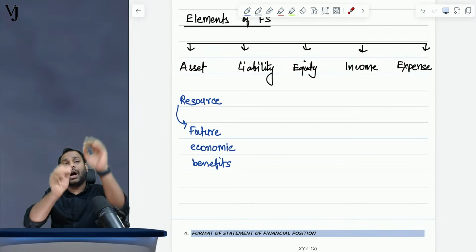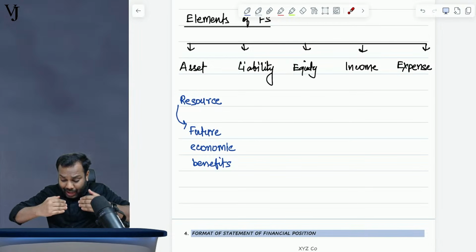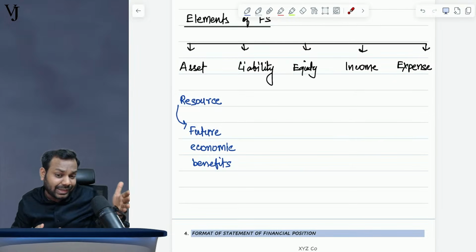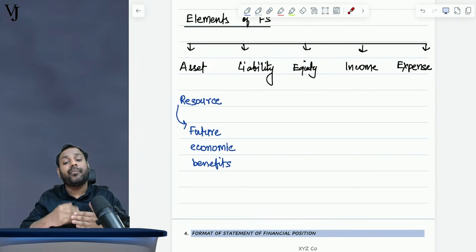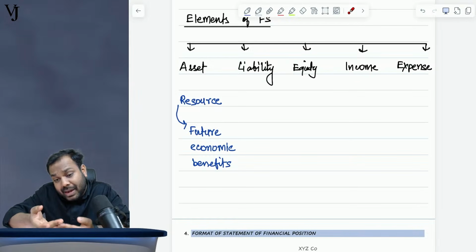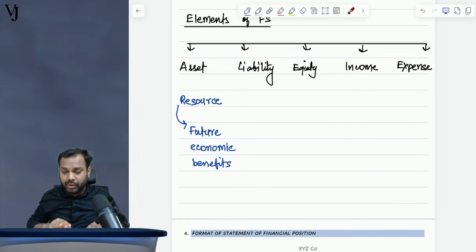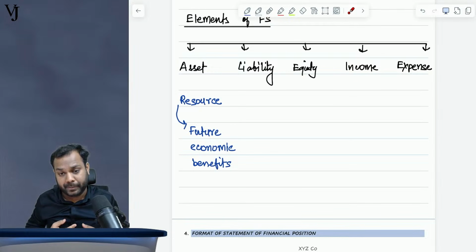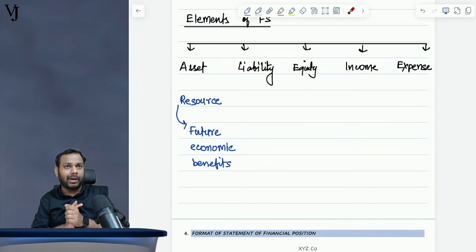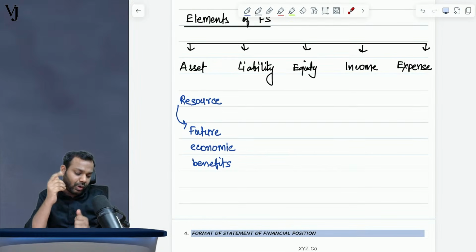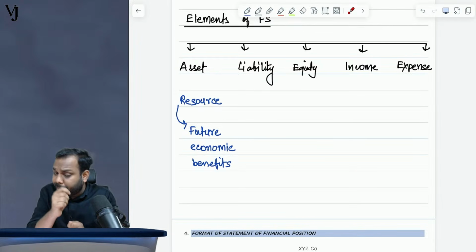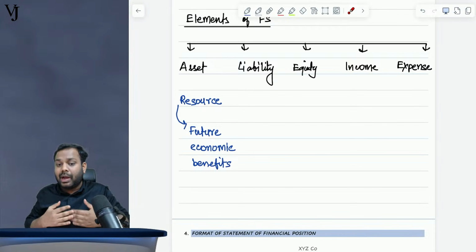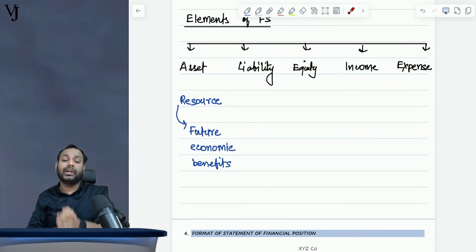If I have paid the amount and received the benefit right now, it's an expense for me. For example, today I went to a restaurant, had my lunch and paid the amount. I ate the lunch, I got the benefit. It's an expense for me.